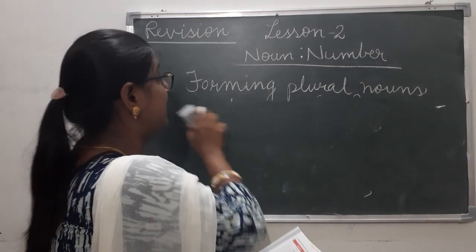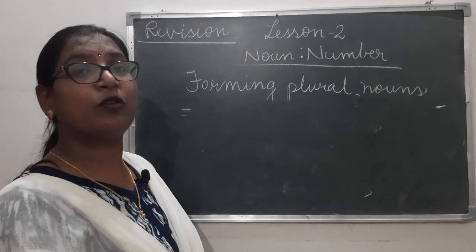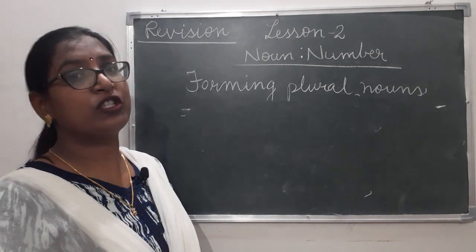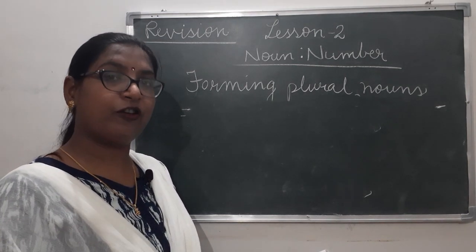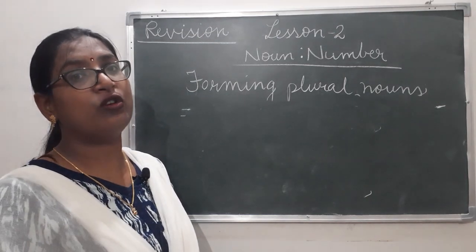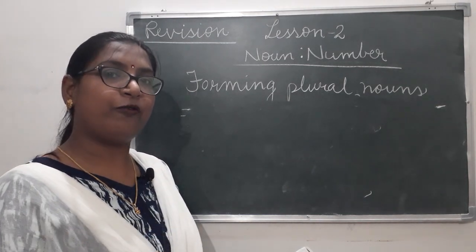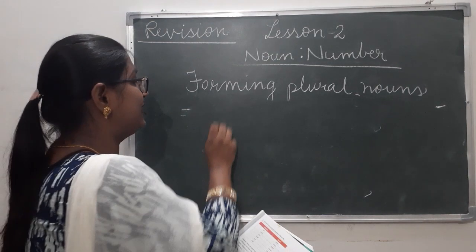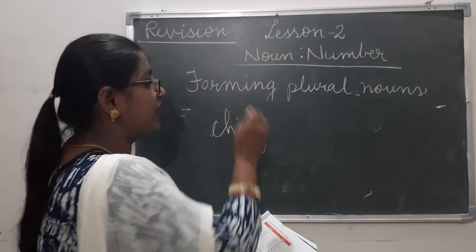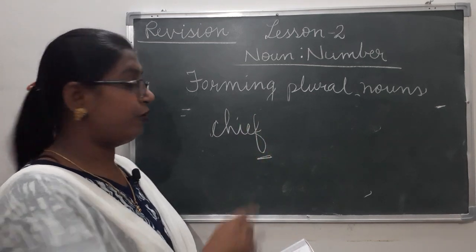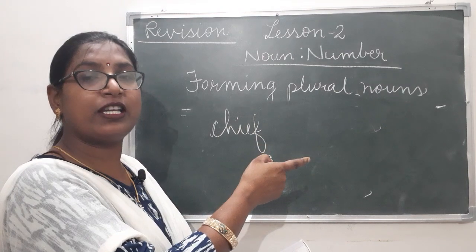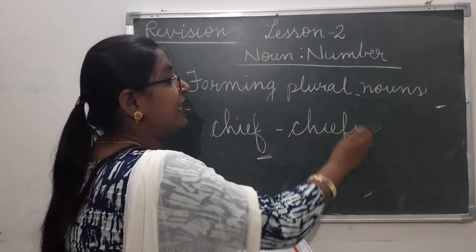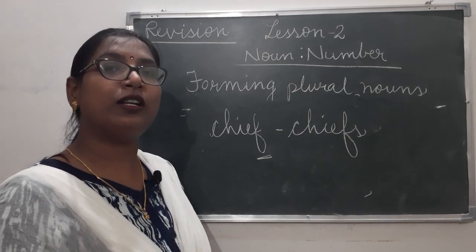And dear children, there is an exemption for some of the words from this rule. Some of the words, though they are ending with F or FE, we do not change F or FE into VES. We just add S with them. For example, the word chief, it is ending with F. Here F is not changed into VES to make it plural, but we just add S with it to make it plural.